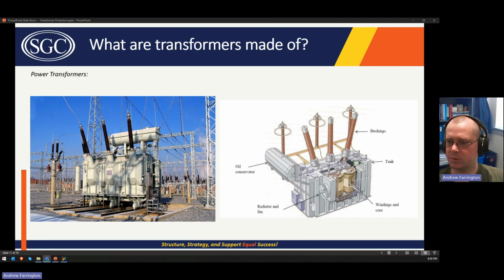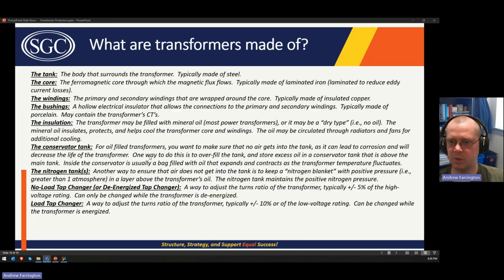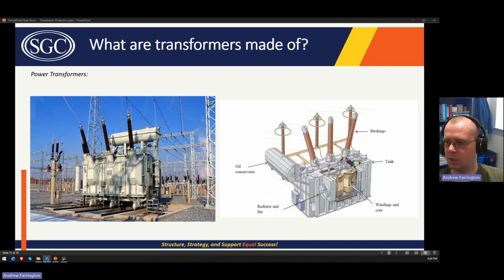Let's see, what else? Oh, yeah, another important part, I guess I didn't have that on the slide, is radiators or fans, other cooling methods other than just the oil natural and air natural rating of the transformer. Often they have other ratings that are associated with some sort of cooling.